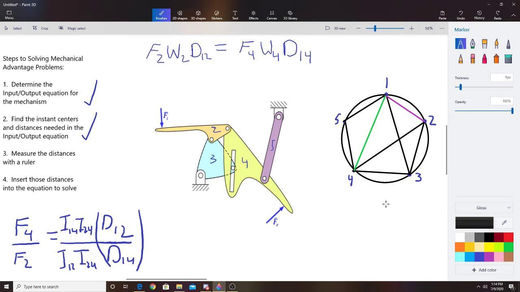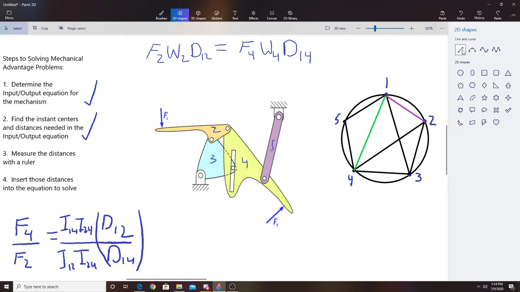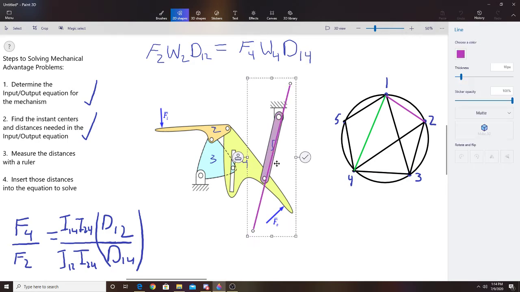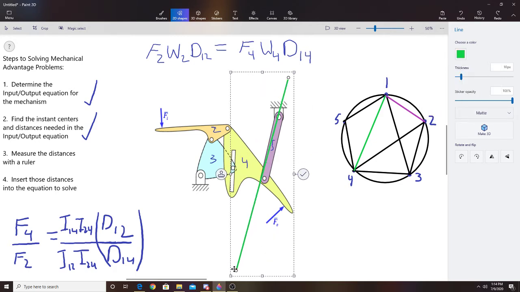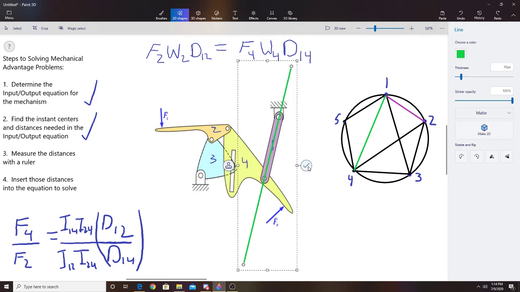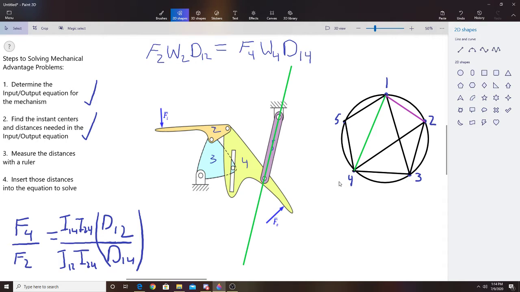So what that means is we're going to do I15 and I45. I15 is right here, and I45 is straight down from it. So let me go ahead and grab a, and let's turn it green, just in case this one's actually long. Alright, so that's a straight line between I15 and I45.